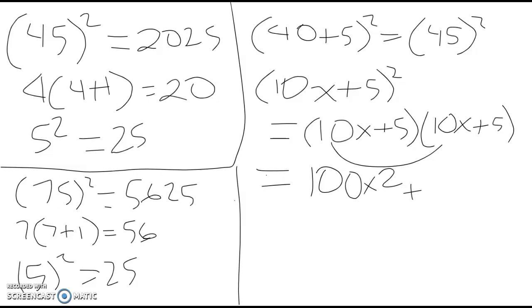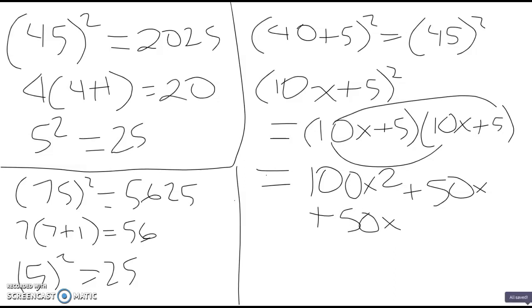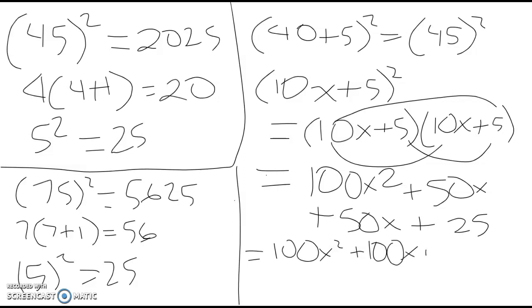So 50x plus 50x from the outer layer. So 5 times 10x plus 5 times 5, which is 25. So that equals 100x squared plus 100x plus 25.